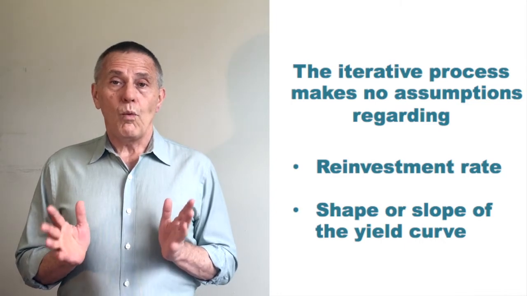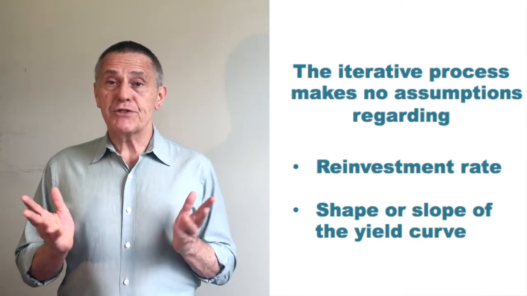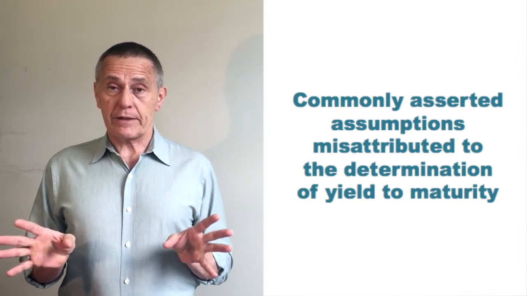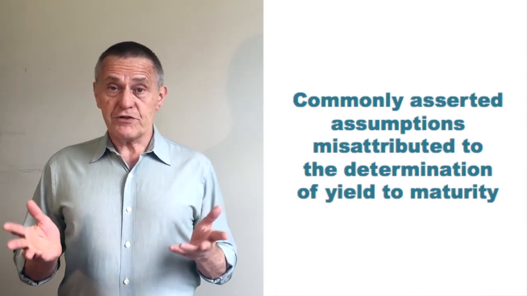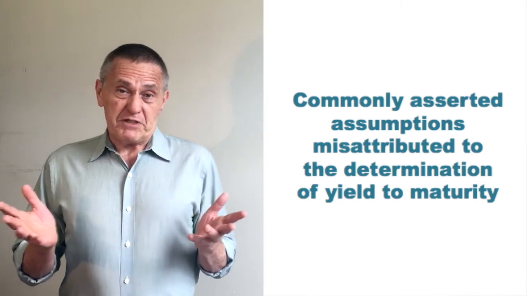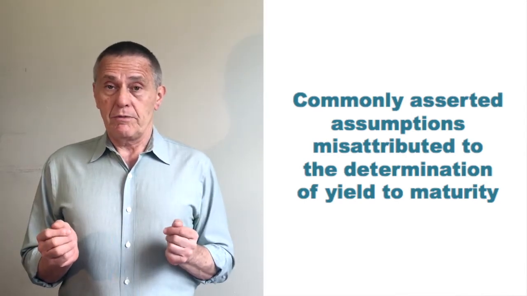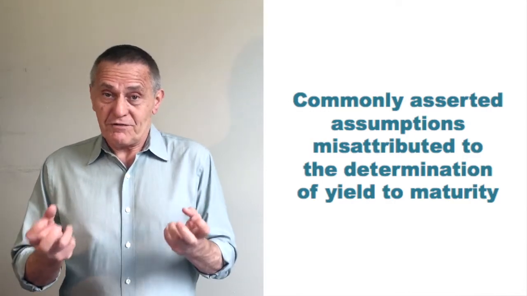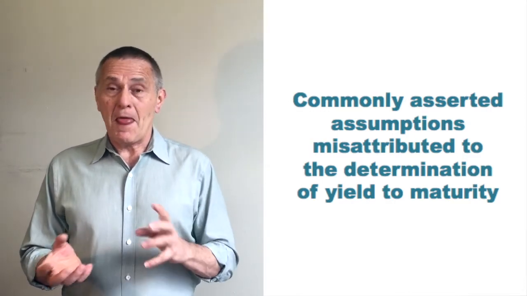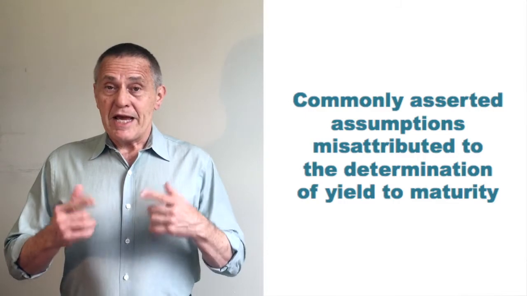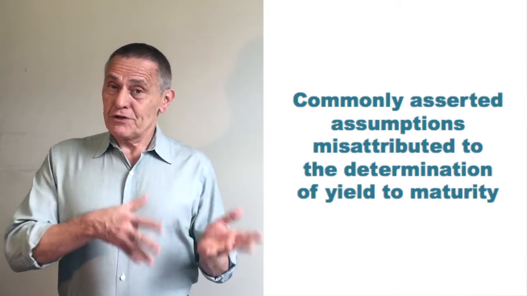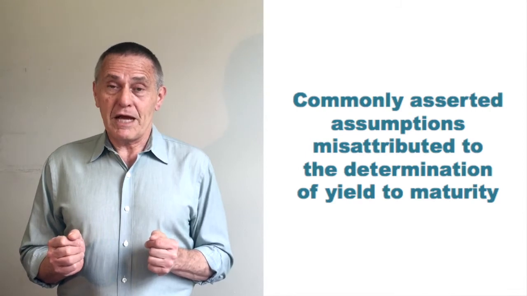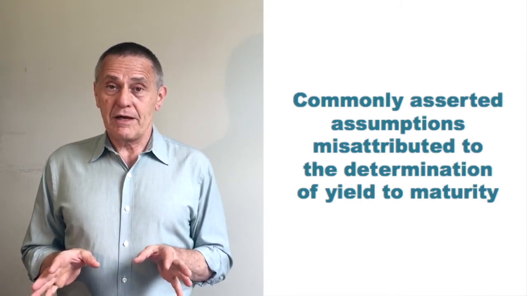So, what are the commonly misattributed assumptions, and why are they incorrect? Because at a superficial level, they sound at least a little bit reasonable, and under special circumstances, that is for bonds with certain characteristics, given those assumptions, the rate of return to maturity would equal the yield to maturity at the time the bond is being purchased.